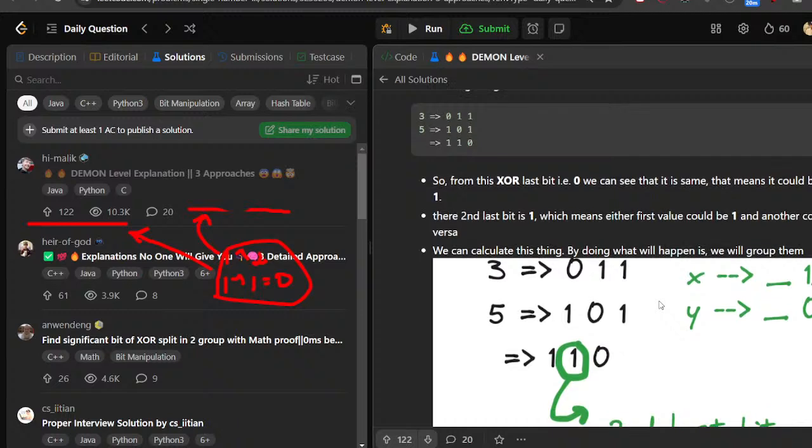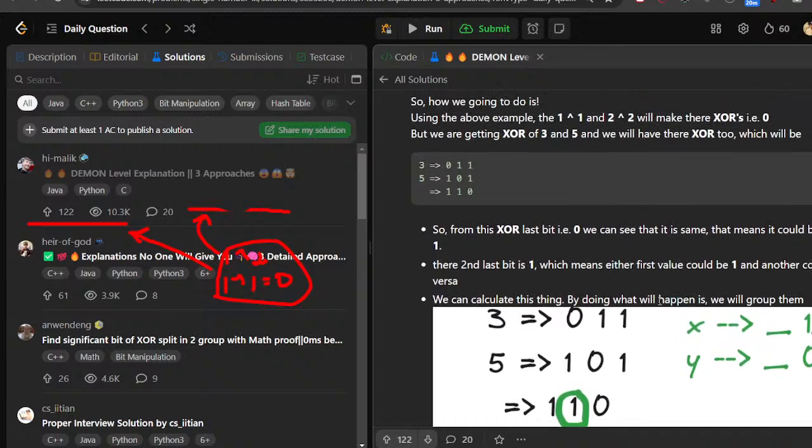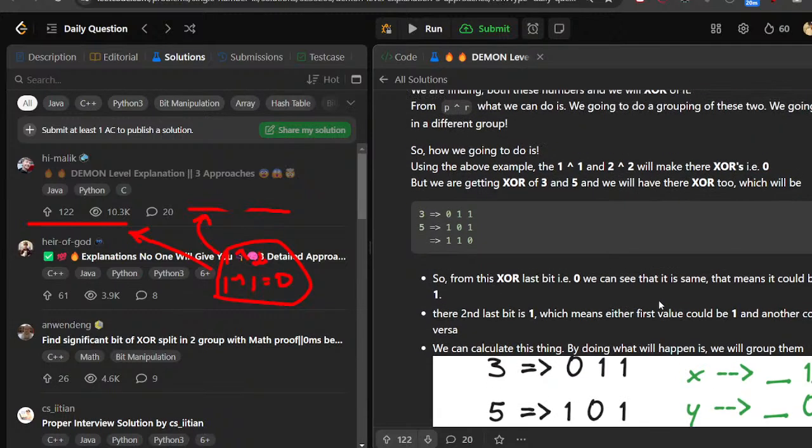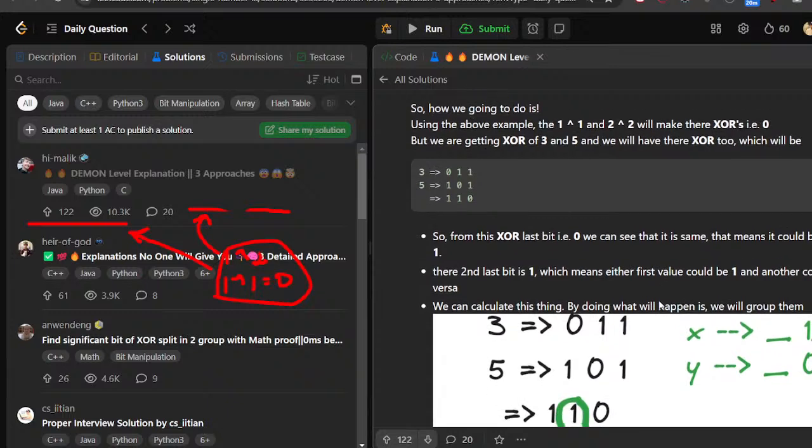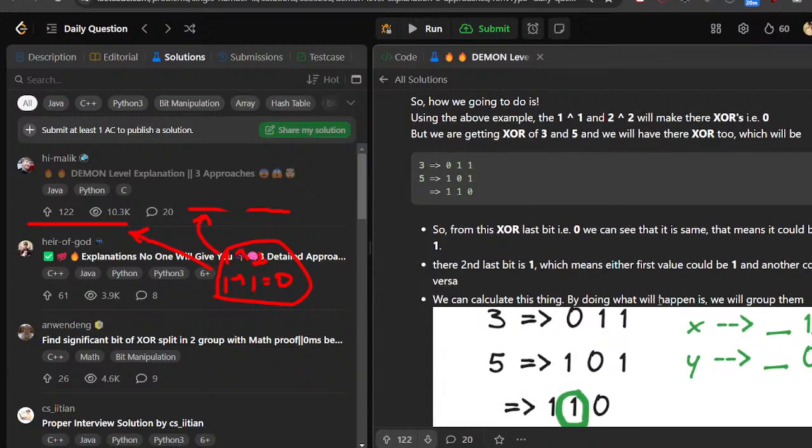So for this XOR, looking at the last bit, we can see whether it is the same, meaning 0 XOR 0 or 1 XOR 1, or different. If the XOR bit is 1, the first value would be 1 and the other would be 0, or vice versa.